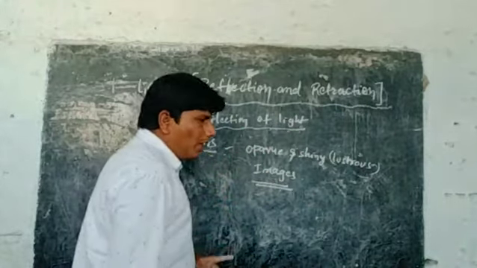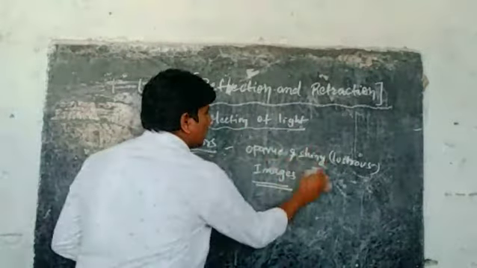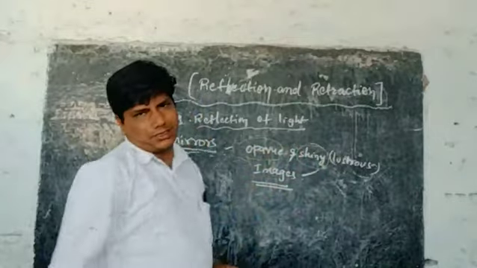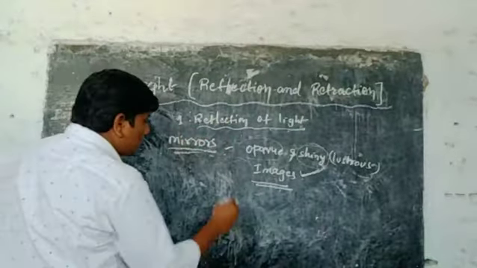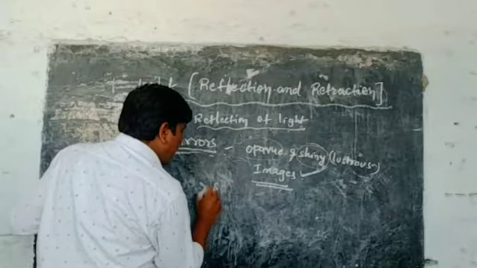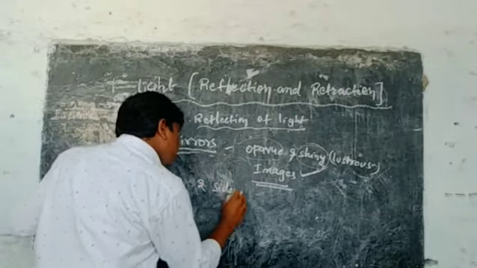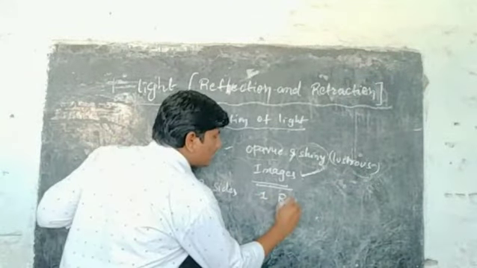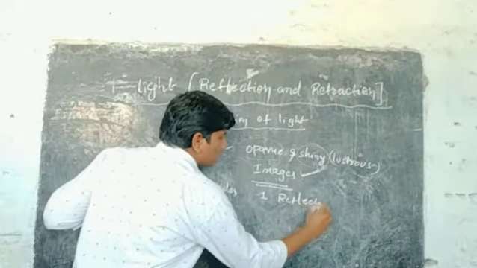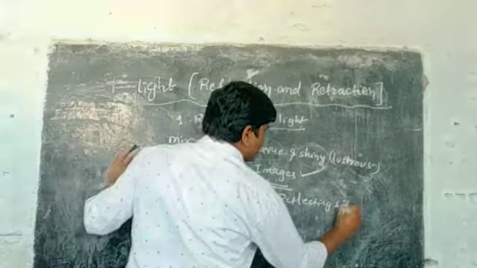So mirrors are opaque and shiny objects which form images. Nice. And mirrors have two sides. Every mirror will have two sides. The first side is a reflecting side.